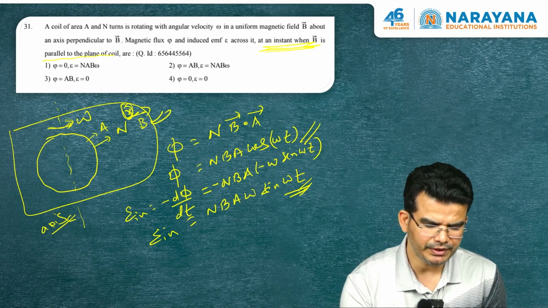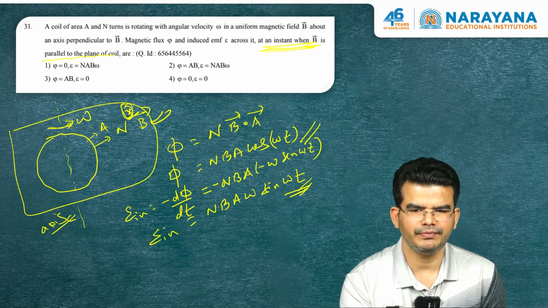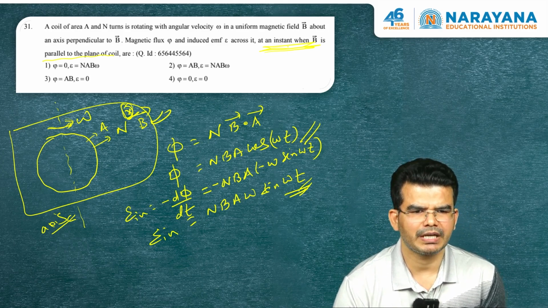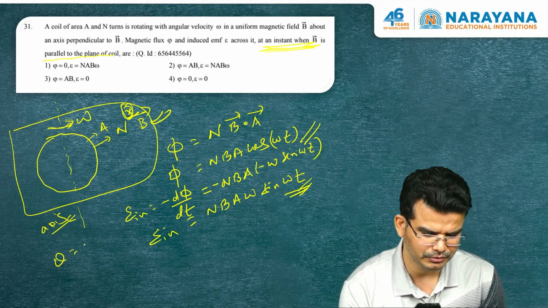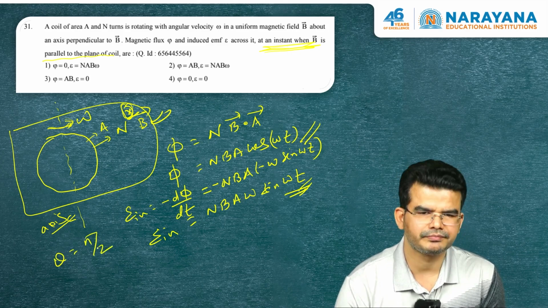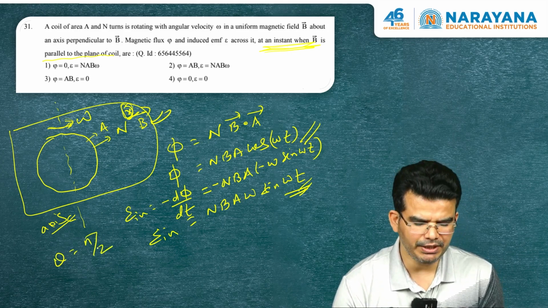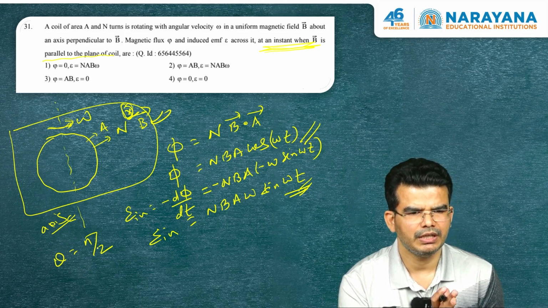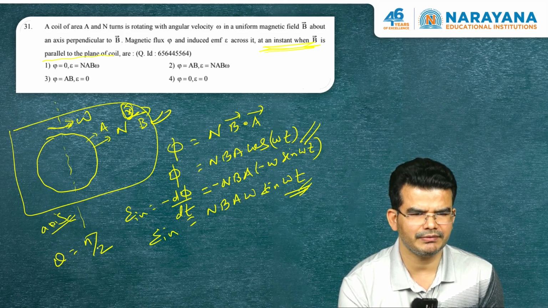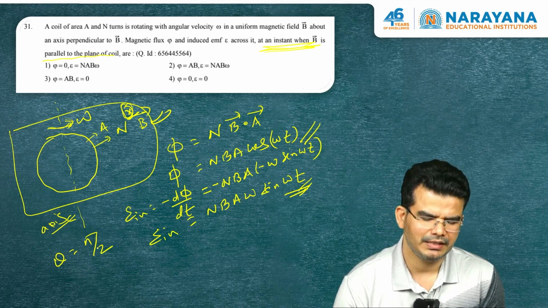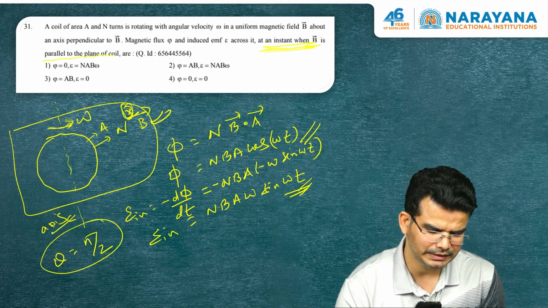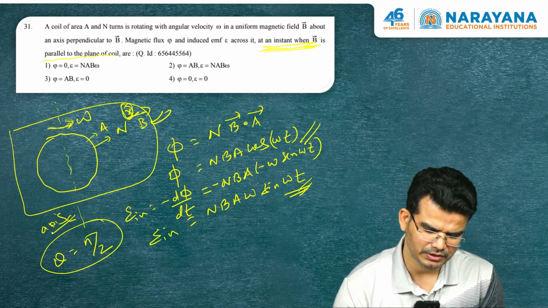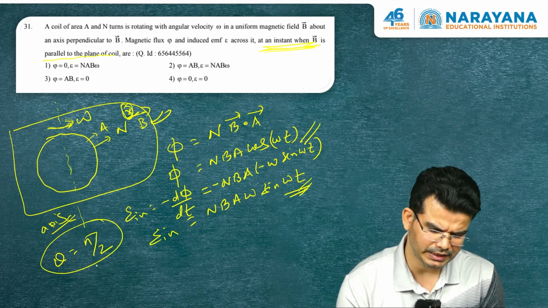No. So, if it rotates by an angle pi by 2, what will happen? When theta is equal to pi by 2, the B vector will be inward and the plane of the loop will be in the vertical direction to the paper. They are asking at theta equal to pi by 2 actually. So, let us put theta equal to pi by 2.